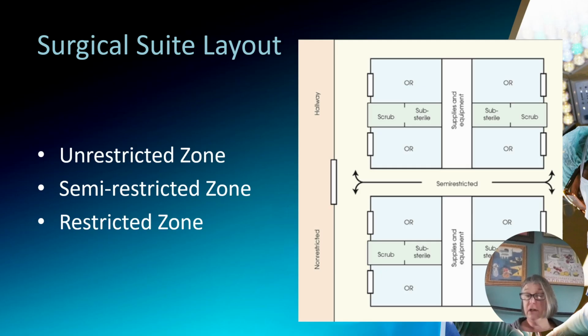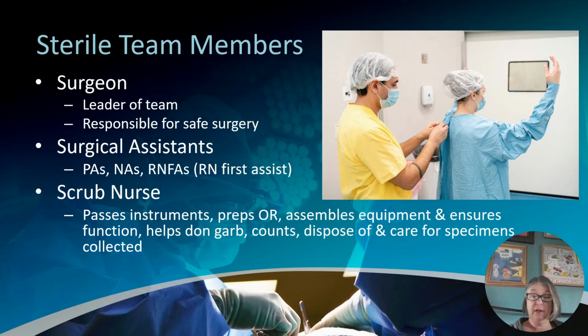We are protecting our sterile field, okay? That area is going to have positive pressure. If you remember, positive pressure keeps organisms out. You have to wear appropriate attire, including facial coverings, footwear, masks that fully cover mouth and nose. Okay, so that's the restricted area.